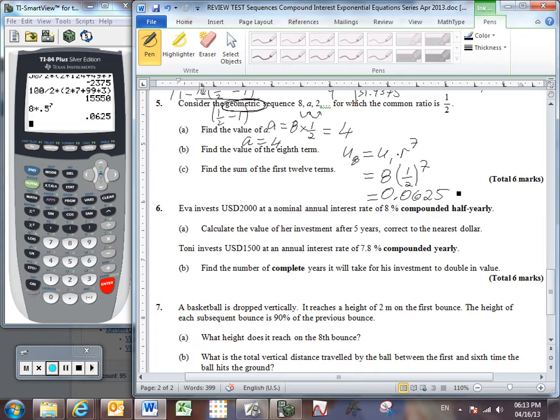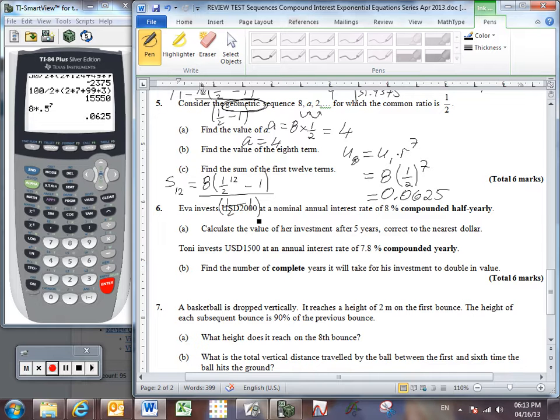And it says to find the sum of the first 12 terms. So we're looking now for the sum of the first 12 terms. This is a geometric sequence, so we have to use a geometric sum formula. So that's going to be u1 times r to the power of n, minus 1, all over r minus 1 in the denominator, with n being 12 and r being 1/2.